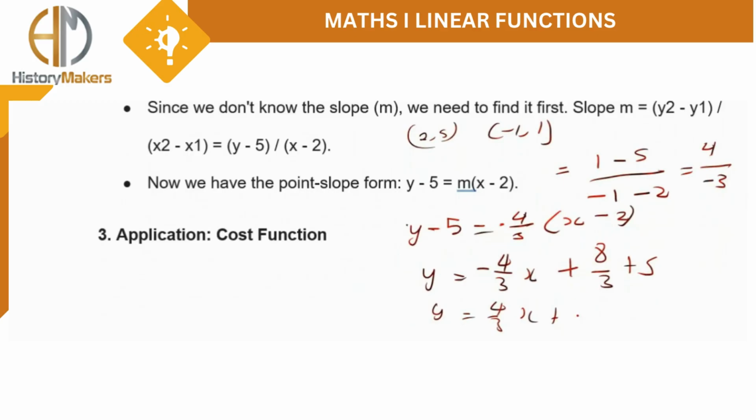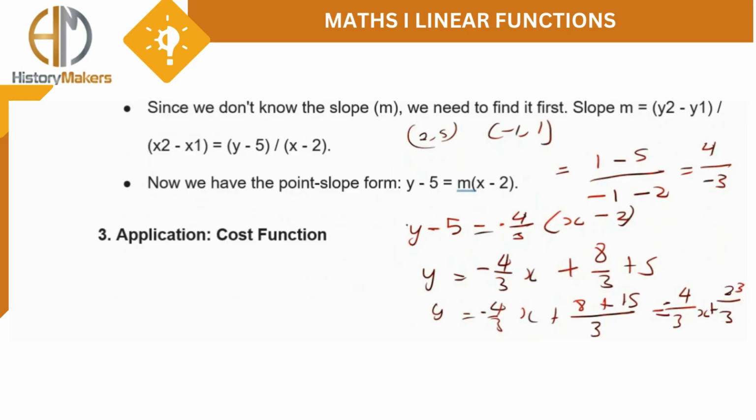When you add them together, you get 4 over 3 x plus 23 over 3. So that will be our equation.